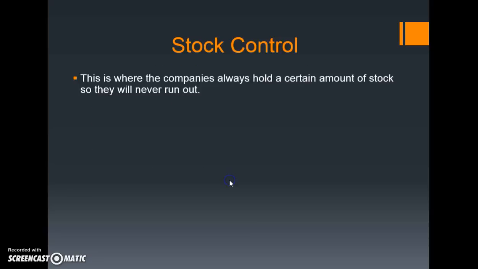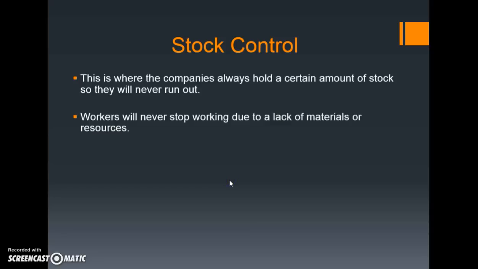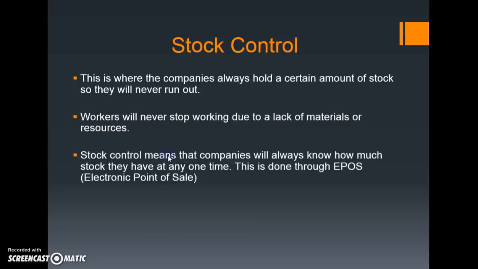Stock control, on the other hand, sounds pretty obvious, but it's a way in which companies will develop a method to keep an eye on their stocks, make sure they're holding a certain amount, make sure they will never run out, and they will never have to turn any customers away. If they don't have stocks, you're also going to get a waste of your workers' resources, because they are not going to have anything to work with.